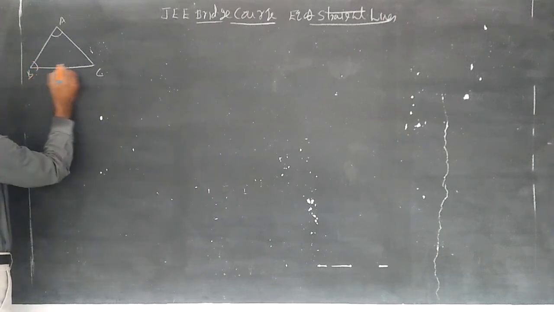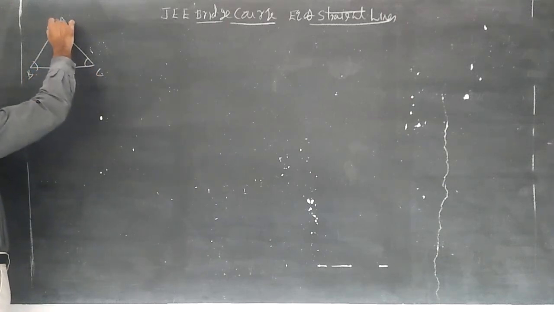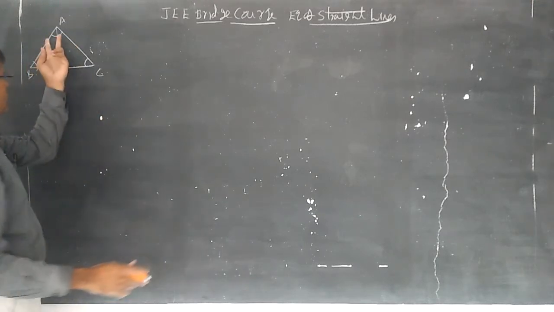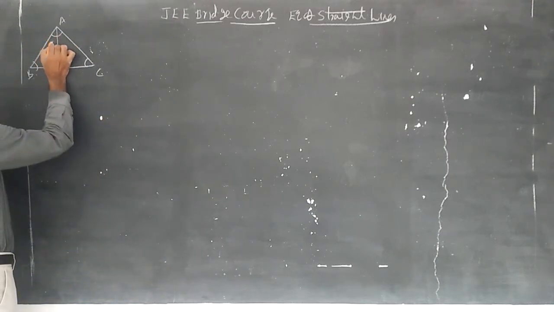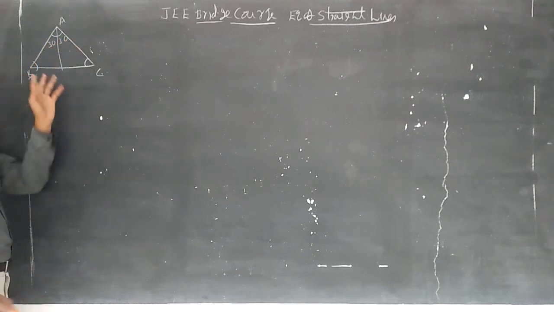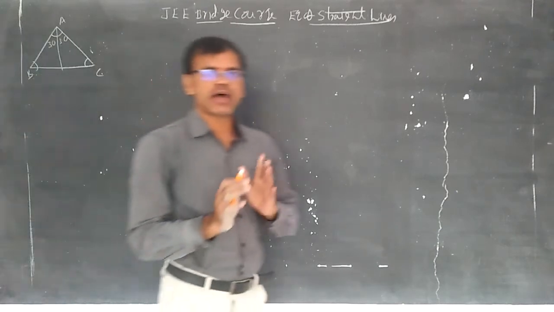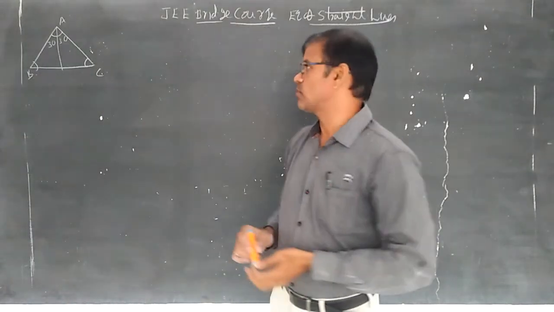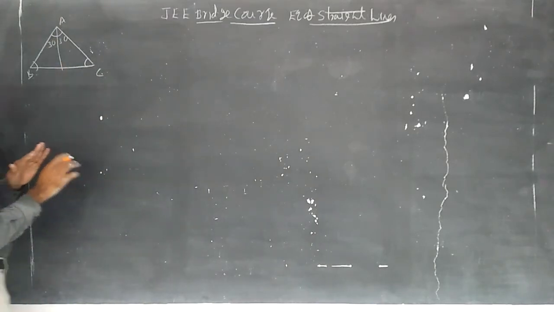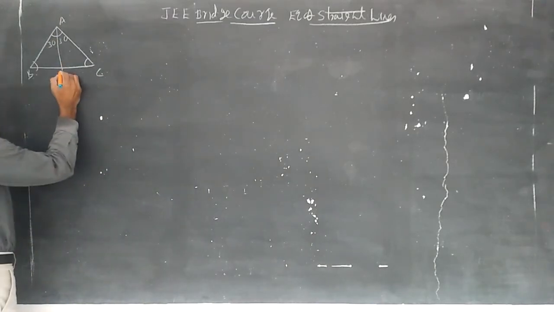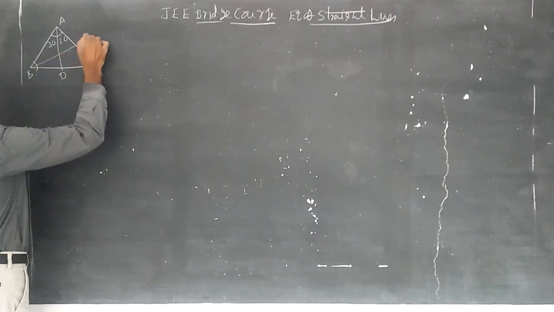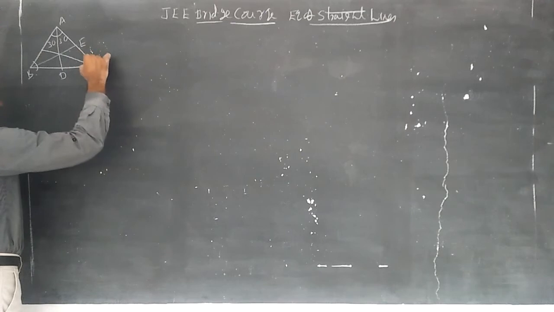This is for the angle, not for the vertex. The line which is bisecting the angle, for example, this is 60, put here it is 30, it is 30 like that. So the line is dividing the angle into two equal parts, not the side. Don't put any perpendicular or midpoint concept here. This is D. This is E. This is F.